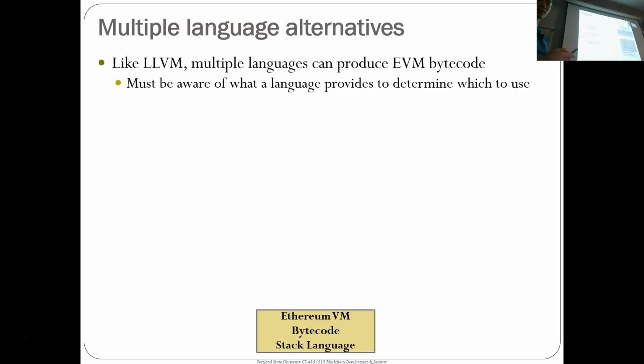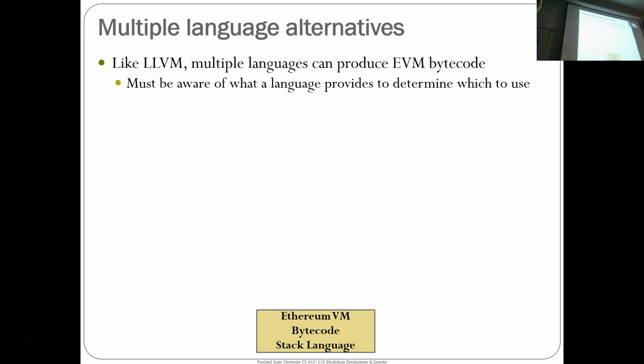So this process allows you to take multiple programming languages and produce a contract. In this case, this is like LLVM. With LLVM, you can take C, C++, Java, compile that down to LLVM bytecode, and then the LLVM machine will actually run the thing.